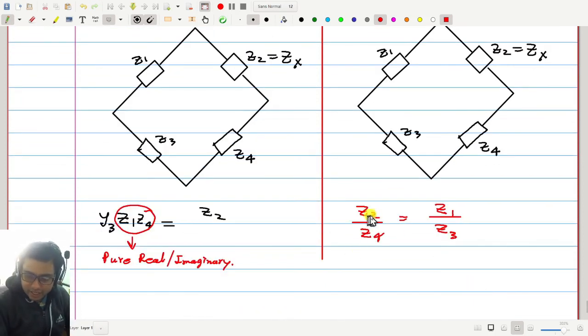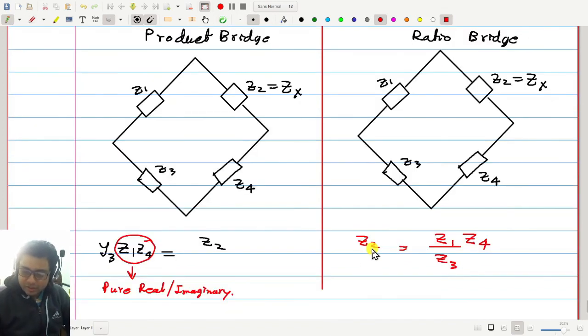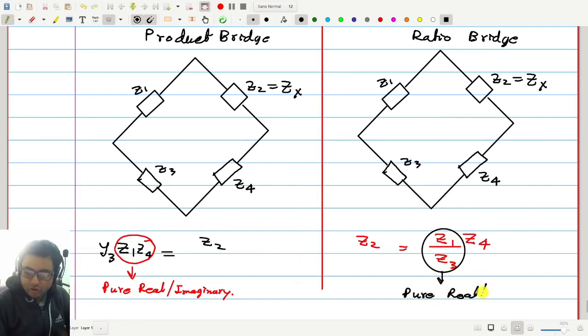From this I can write Z2 to be equal to this. Just cross multiply. Now if I want to make my life simple, I can choose this factor Z1 by Z3 to be a pure real or imaginary number. Don't go for a complex number.